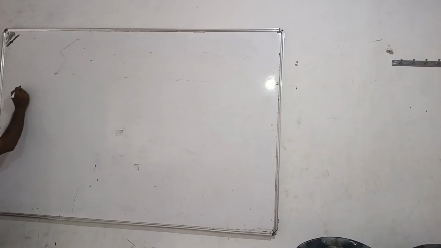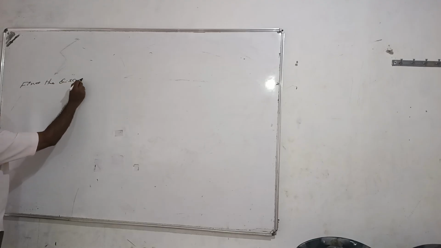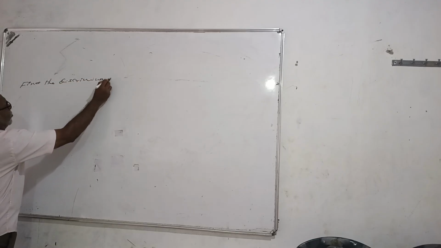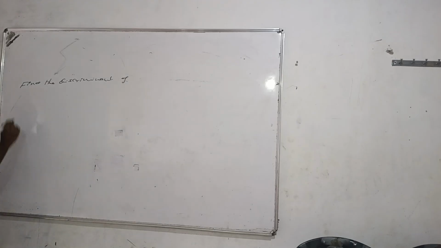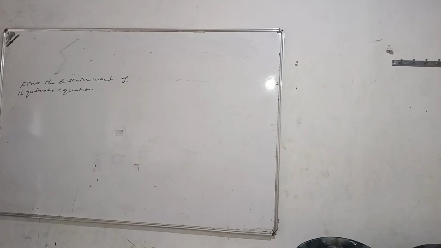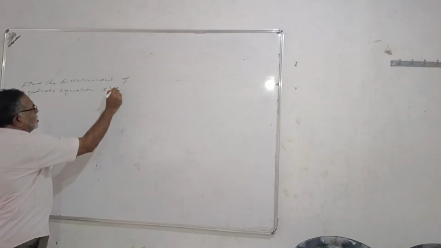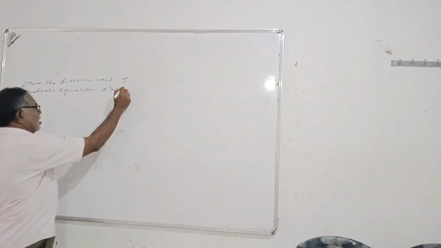Find the discriminant of the quadratic equation x square plus 4x plus 5 equal to 0.